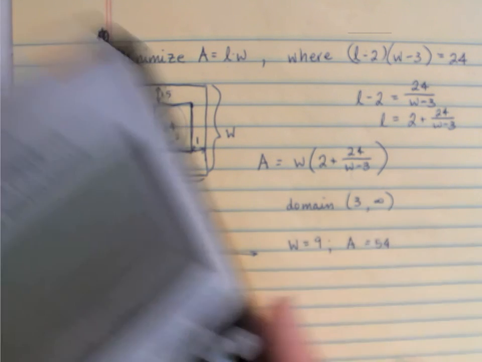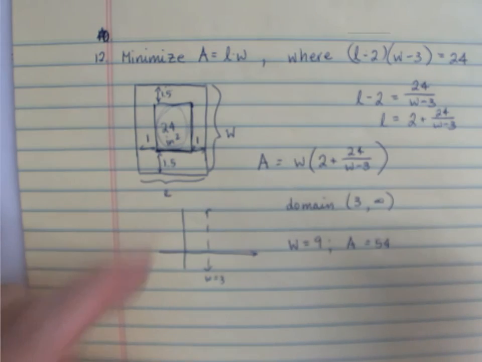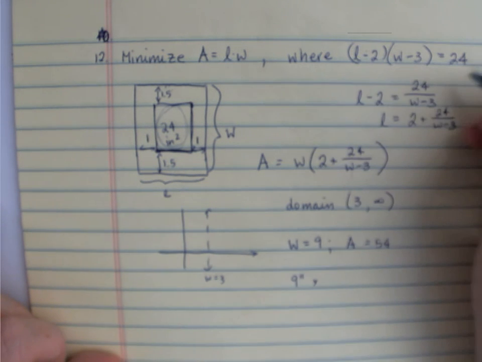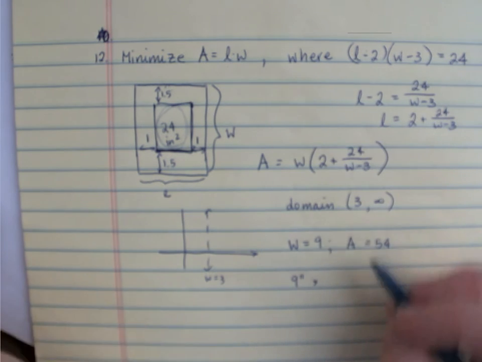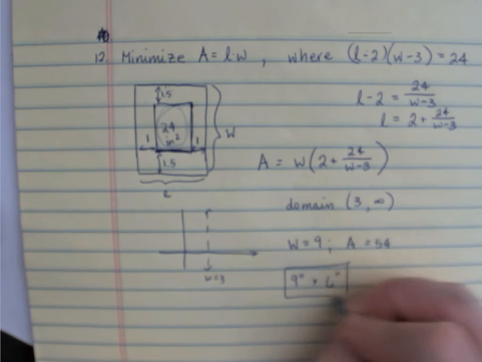So let's just go back and make sure we're answering the question. What should the dimensions of the page be? So W is 9, and so our page should be 9 inches by, and let's see, if our area is 54, then I know my length has got to be 6 inches. And that's our answer.